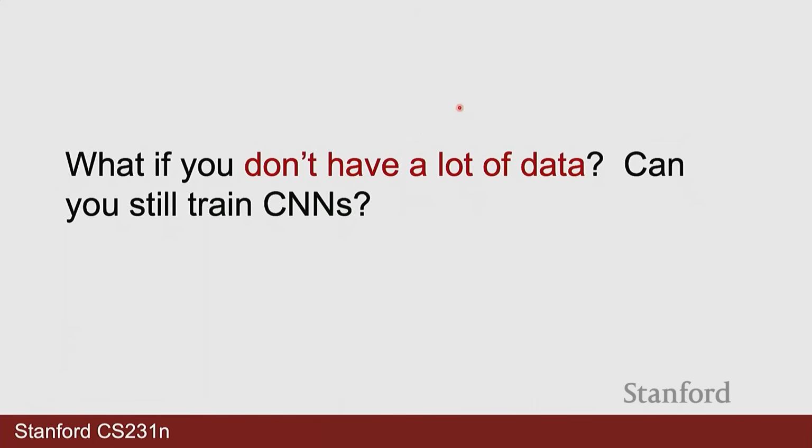In practice, many times we don't actually have so much data. ImageNet, the original version, had 1 million images. Maybe you don't have 1 million images for your problem, which almost none of us do unless you've been collecting a vast amount of data with a huge team. So if you don't have a lot of data, can you still train CNNs? The short answer is yes, you can, but you need to be a little bit smart with how you do it.